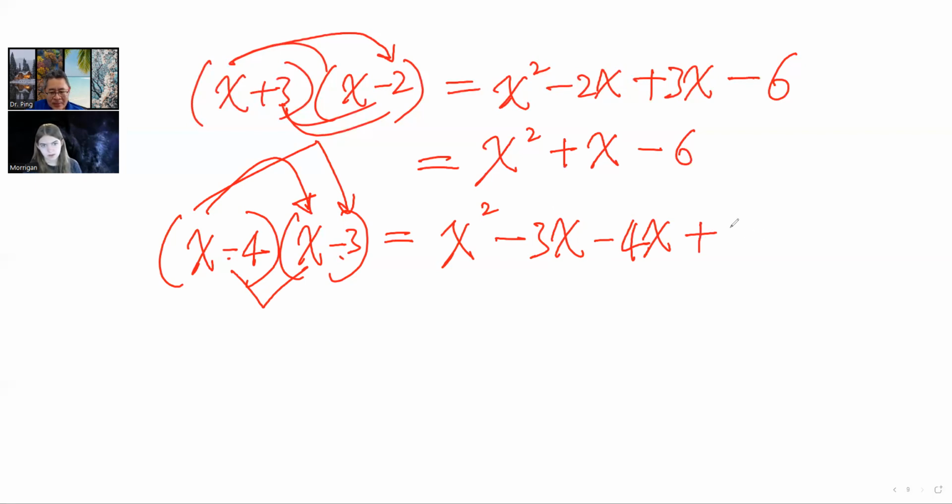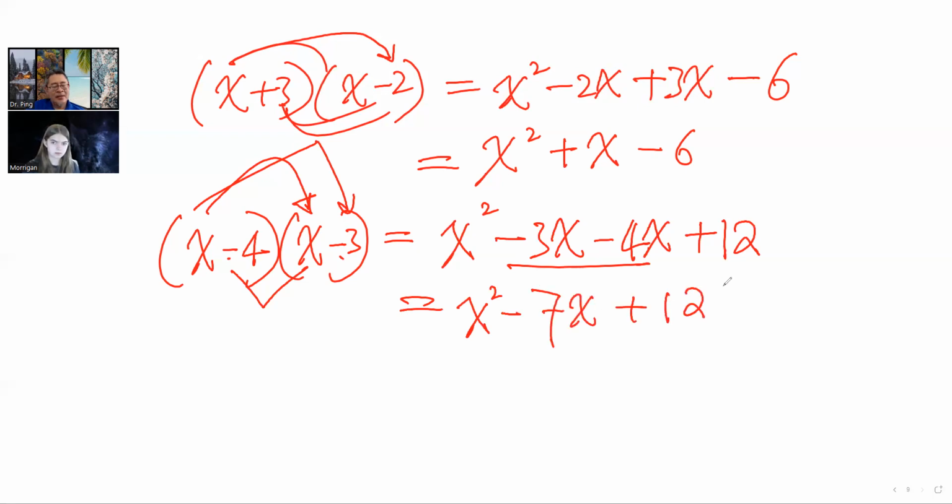And then you add plus 4 times 3, which is 12. And then we combine the like terms. So x squared minus 7x plus 12. Good. So this is something called FOIL. Make sure you keep the operator.